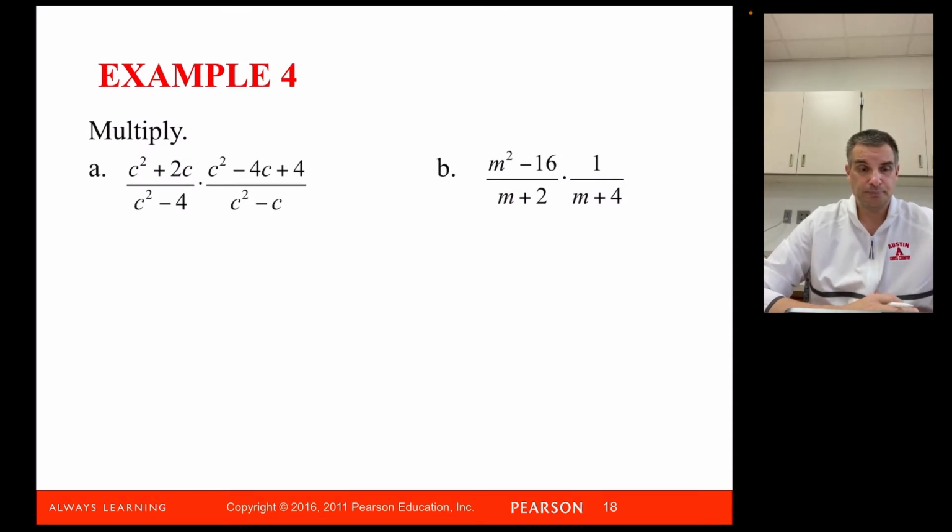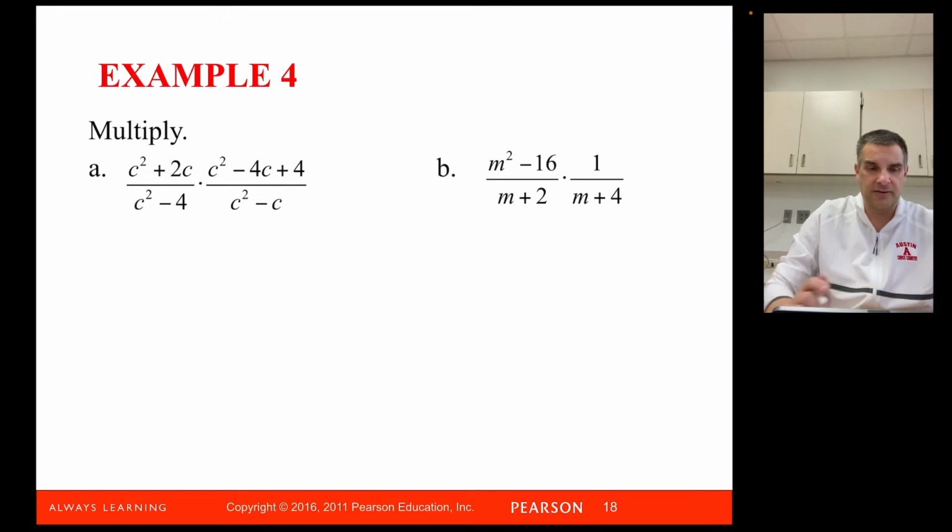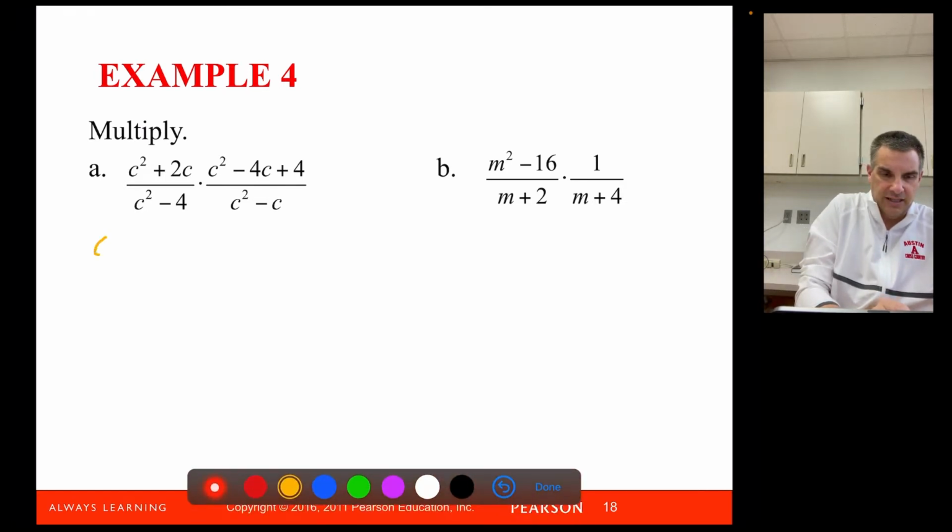Okay, so we're going to go ahead and do a couple of examples. So we're going to multiply. When you're multiplying, factor everything. If it can be factored, you factor it. So I look at each numerator and each denominator, and I factor it. If we look at A, c squared plus 2c, two terms. So I look for a common factor. They've got a common factor of c, so I'm going to factor a c out of there.